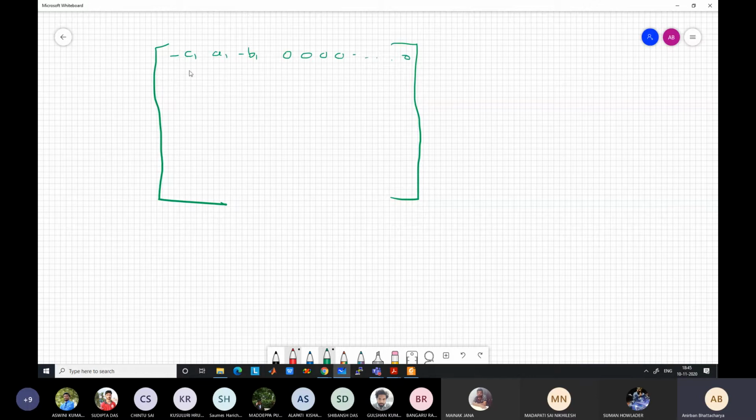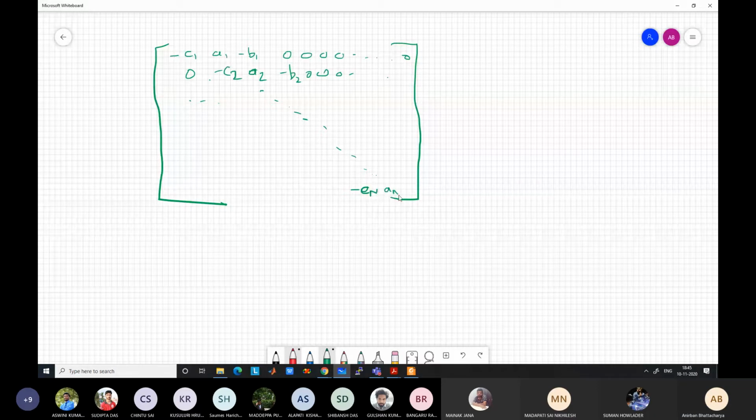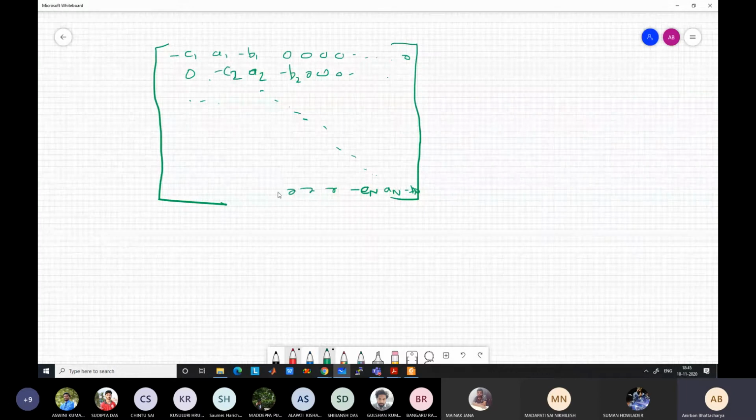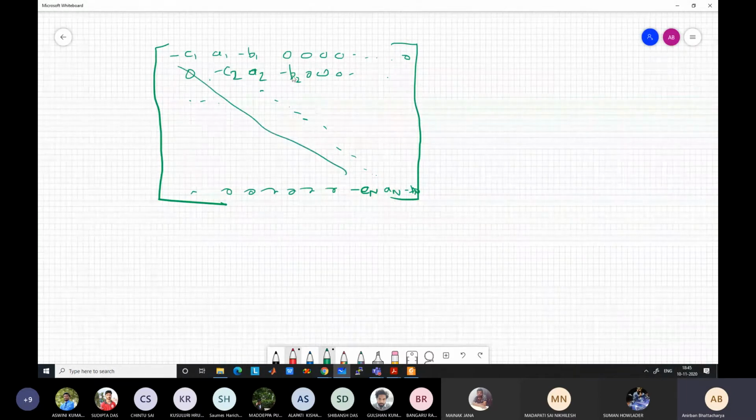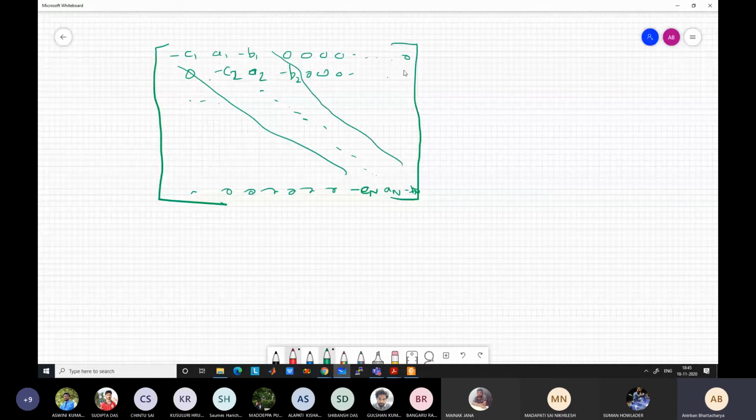All other values are 0. And then 0, minus C1, C2, minus B2. Like this. So 3 diagonals are present, and all the other values are 0. It's a very sparse matrix.